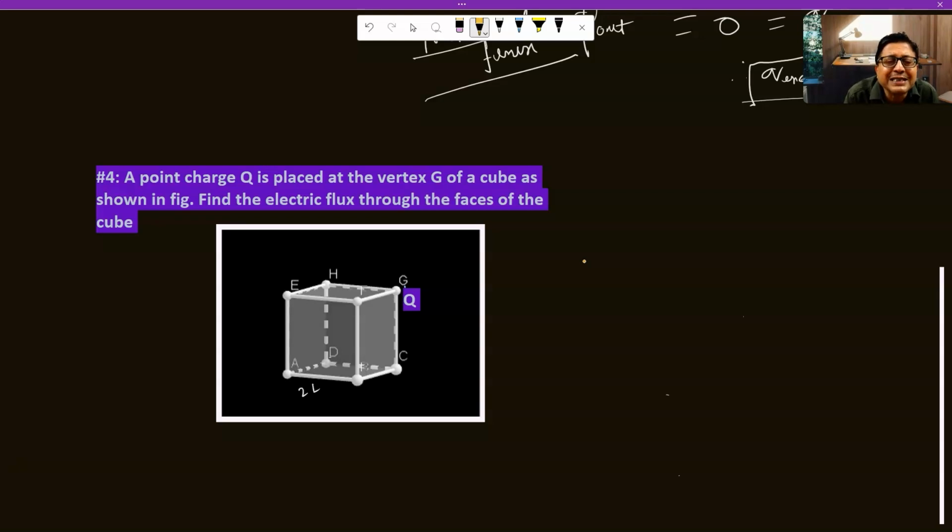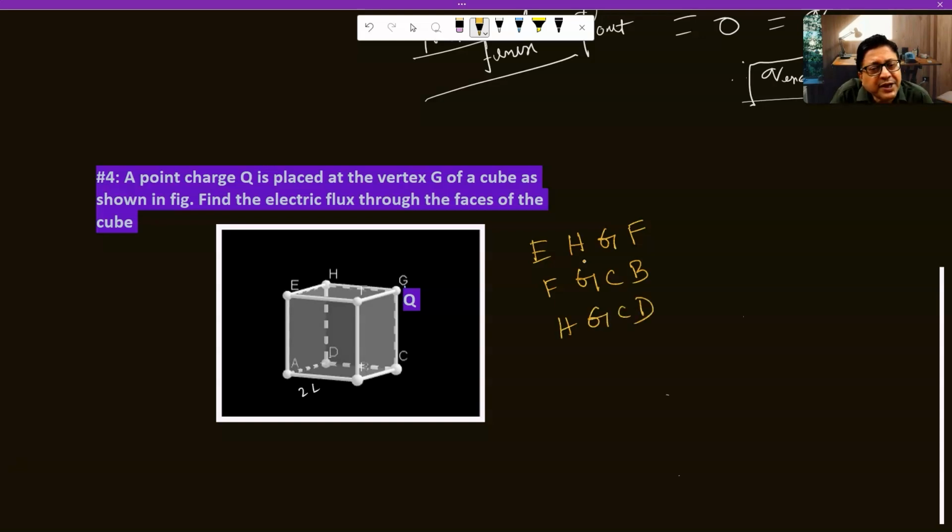This charge Q is held by the surface EHGF, which lies at G of this face. It lies at the face G of FGCB. It lies at this face also, HGCD.